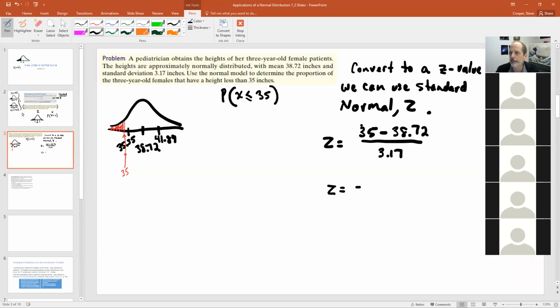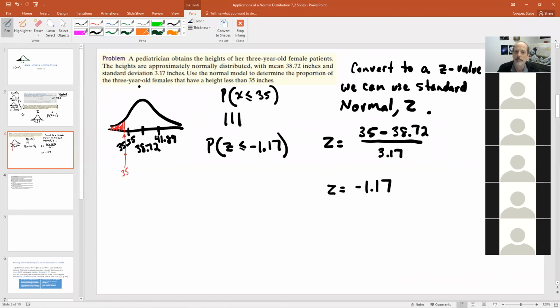All right, well, if you plug that into your calculator, you should end up getting negative 1.17 to the nearest hundredth. So now what we've got is an equivalent probability that z is less than negative 1.17.